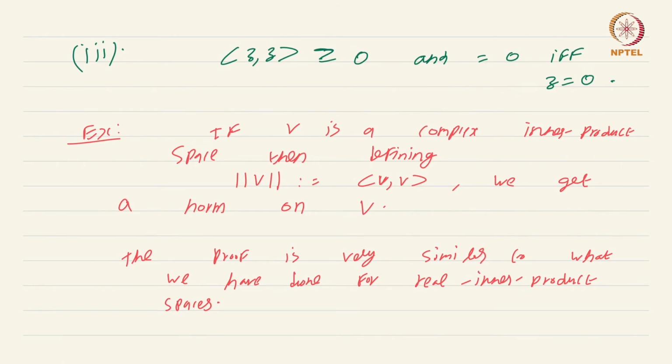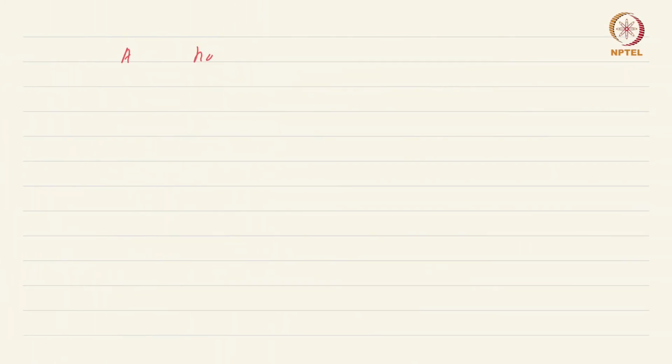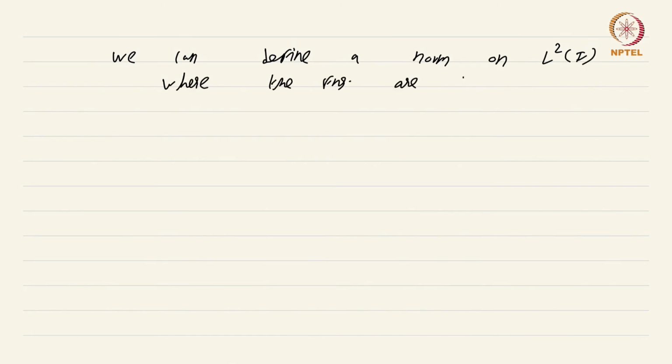Now that we have a definition of complex inner product spaces, we can define a norm on L2 of I where the functions are now allowed to be complex valued. Well, the definition is as follows.